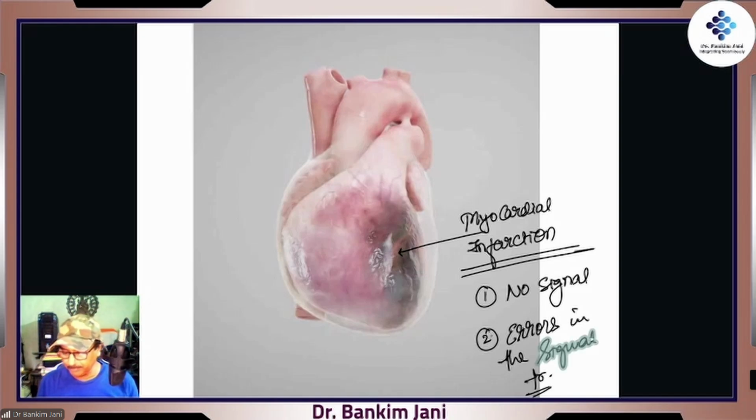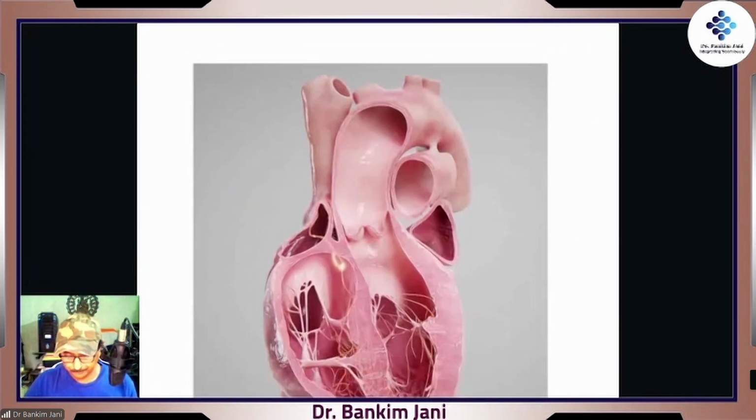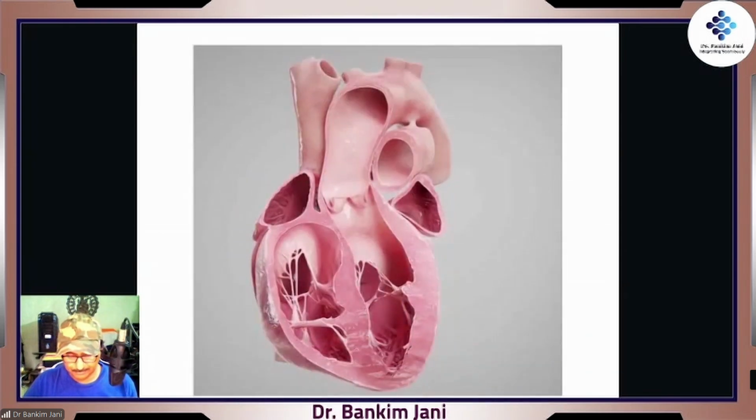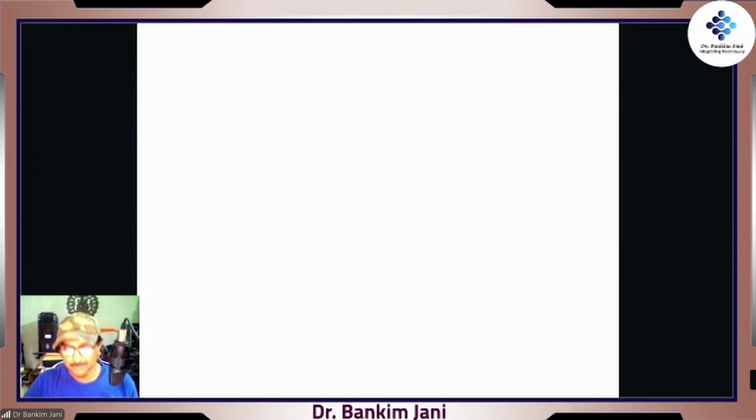So either there won't be any signal, or it can lead to some errors, which is called round and round, right? The reverberating signals keep on rotating, and unnecessarily keep creating various types of tachycardia. Just the thickness of the muscles, all various sections.